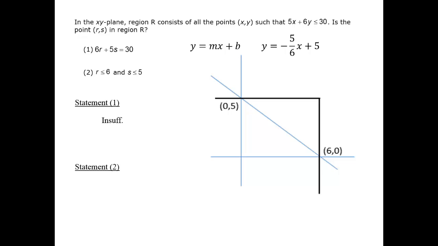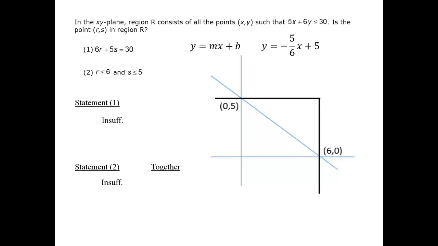The upper right triangle is permitted by Statement 2 as it's inside the box, but it's outside of region R. Meanwhile, the region described by Statement 2 also includes plenty of points inside region R. Once again, based on the data in this statement, the point could be either inside or outside of region R, so we are unable to answer the question definitively. Statement 2 is insufficient. We must combine the statements.